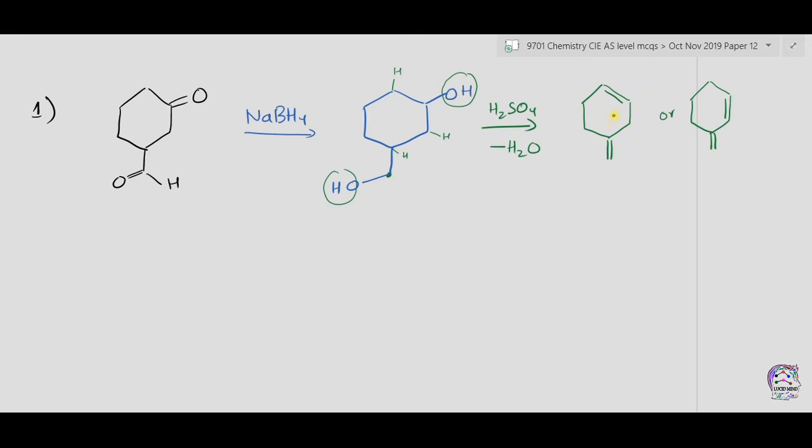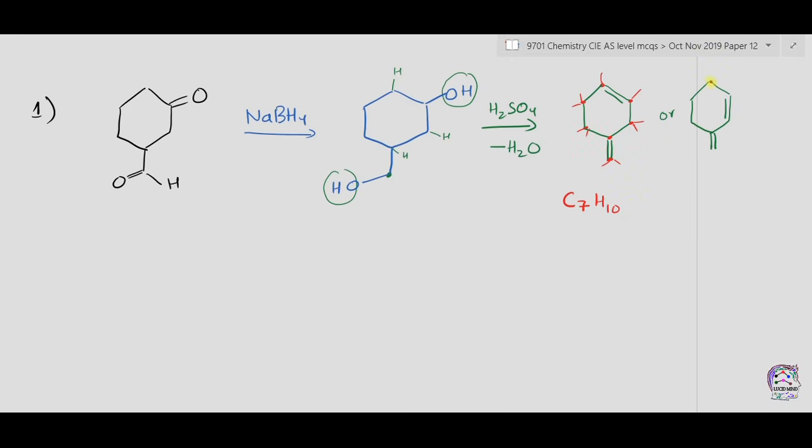Let's find the molecular formula of the product. We have 1, 2, 3, 4, 5, 6, 7 carbons, and 1, 2, 3, 4, 5, 6, 7, 8, 9, 10 hydrogen atoms.